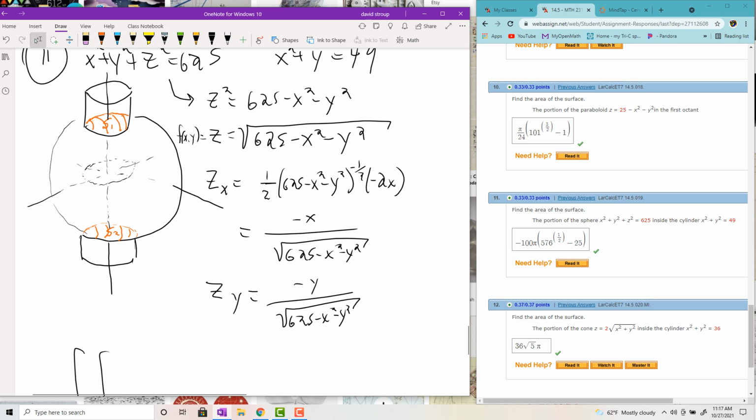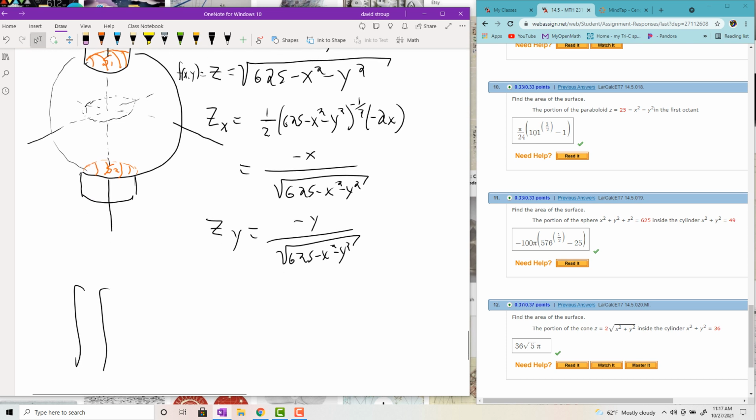That has radius 7, but in the xy plane, it's this circle. And you may even want to just cut that into a fourth, and then at the end you'll multiply the entire integral by 8. Because you're going to get 4 pieces for S1, 4 pieces for S2, and that may be easier. Let's do that. I'm just going to figure out the area over top of this and then multiply it by 8.